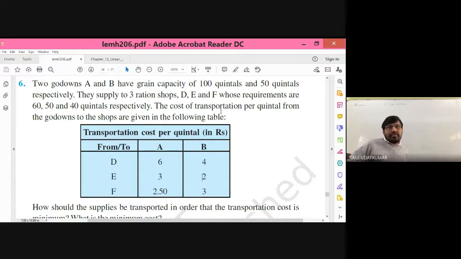So in this case, the cost has to be minimum. What should be taken here?